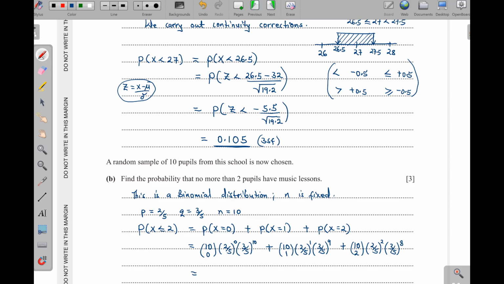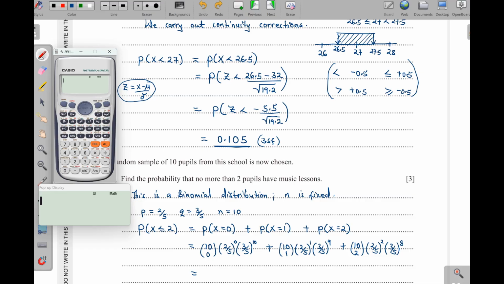When we put all of these in the calculator, what do we get? 10 combination 0 is, of course, 1. 2 over 5 power 0 is 1. So here I just have 3 out of 5 power 10. And then the next one, 10 combination 1, that is 10, times 2 out of 5, times 3 out of 5 to the power of 9.